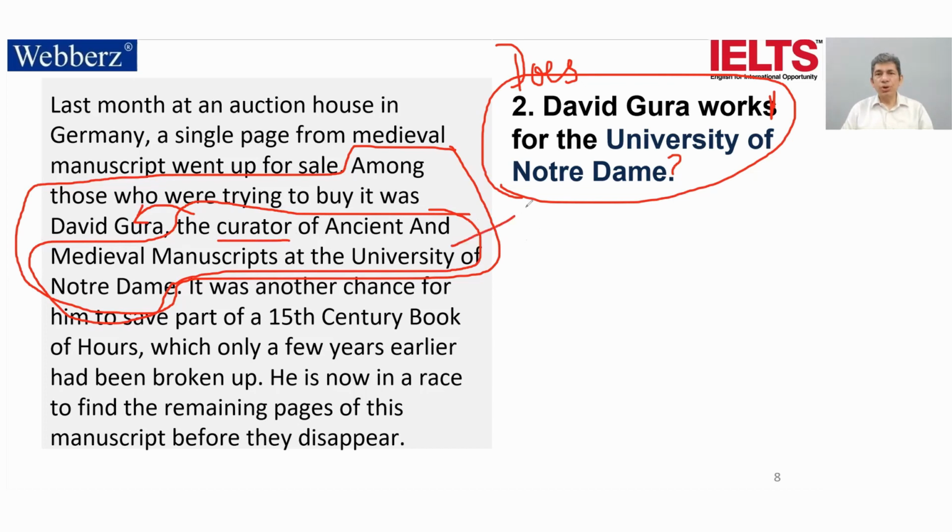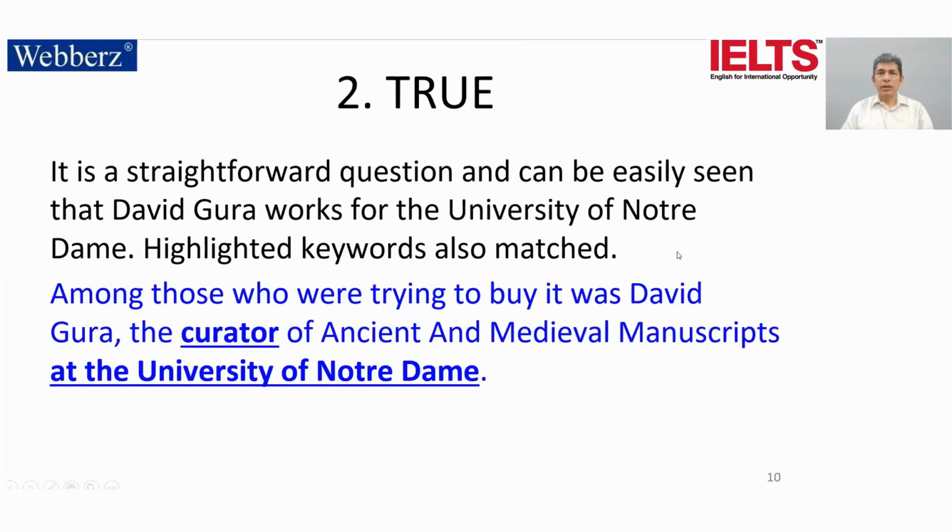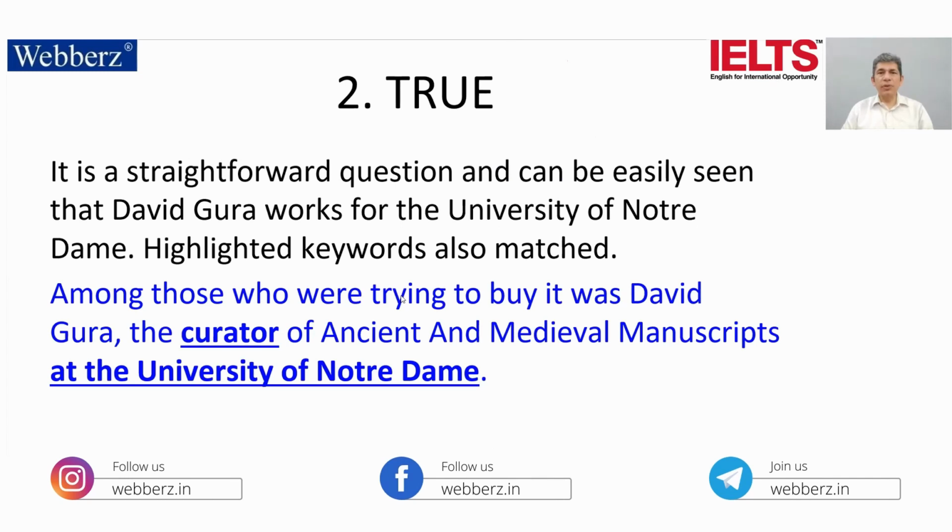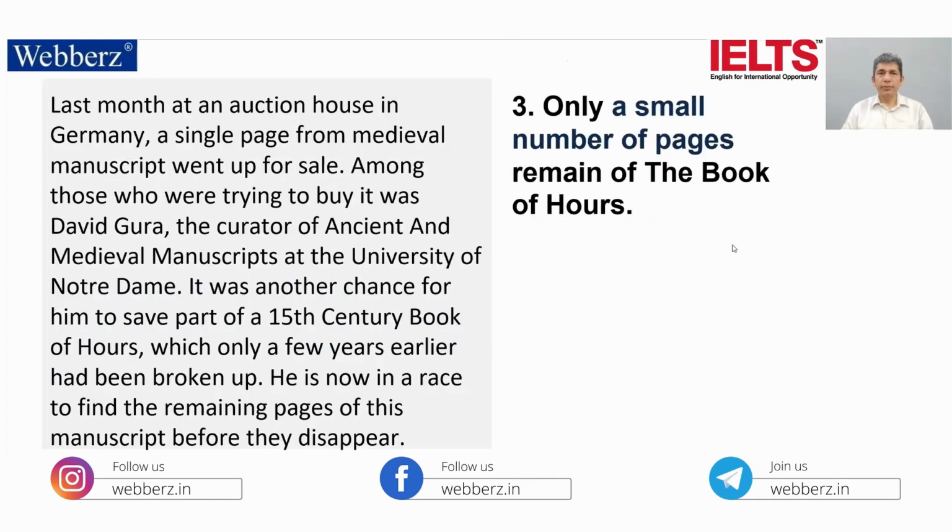So that means he surely is working. So does David Gura work for the University of Notre Dame? True, he does. So my answer here is true. The explanation is it's a straightforward question and it can be easily seen that David Gura works for the University of Notre Dame. Highlighted keywords also match: the curator, University of Notre Dame.